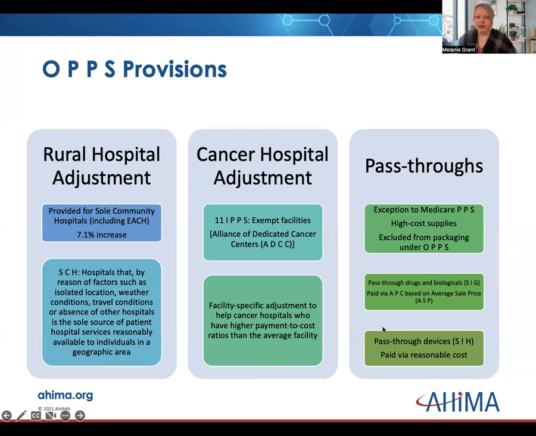While you have others with the status indicator of H, which is a reasonable cost. So they're not going to average it. They're going to look at what should be reasonable, and your hospital may or may not pay. With both of these, you may end up paying more or less for getting the supply itself.